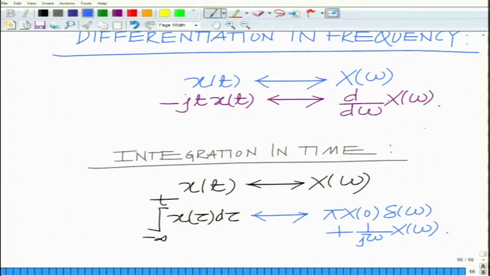This is the Fourier transform when you integrate the signal in time.